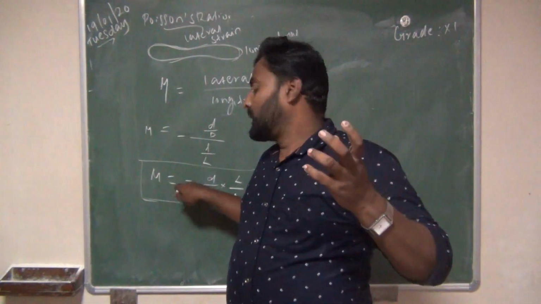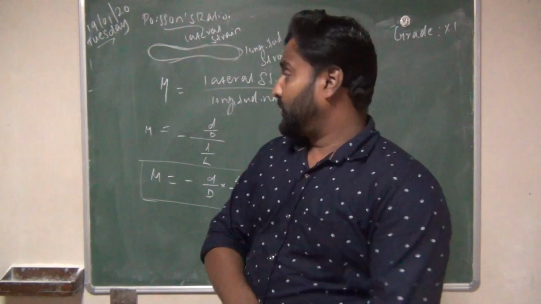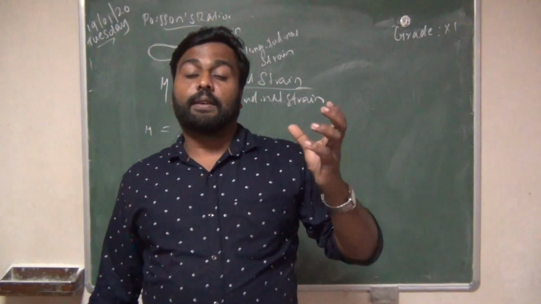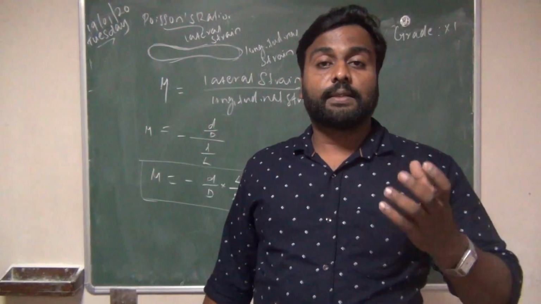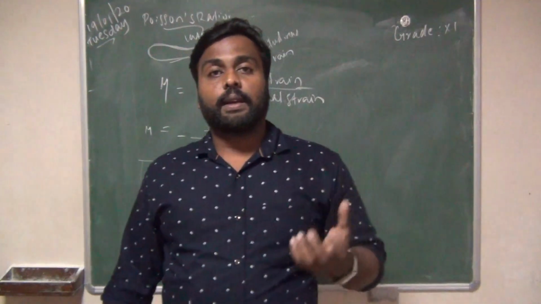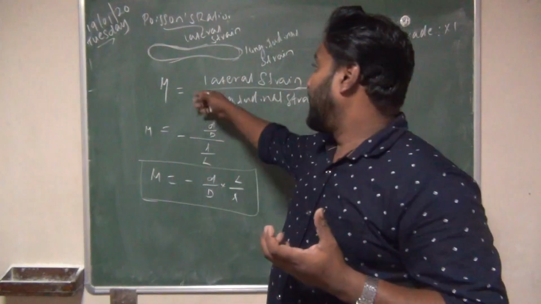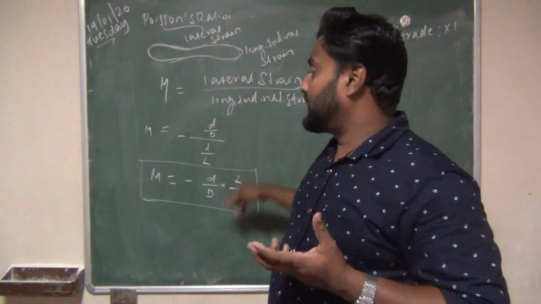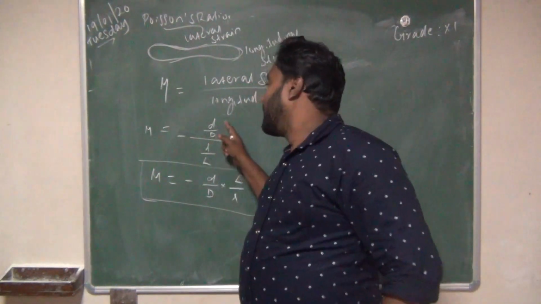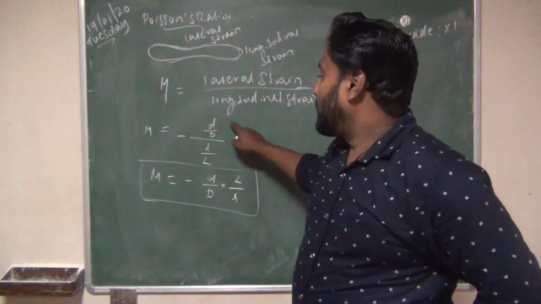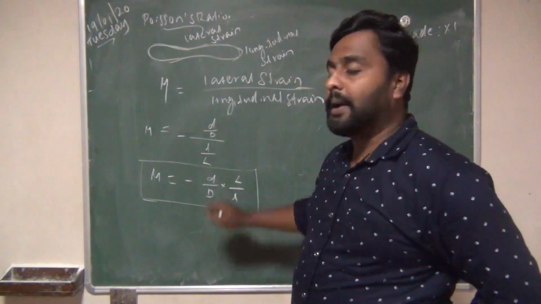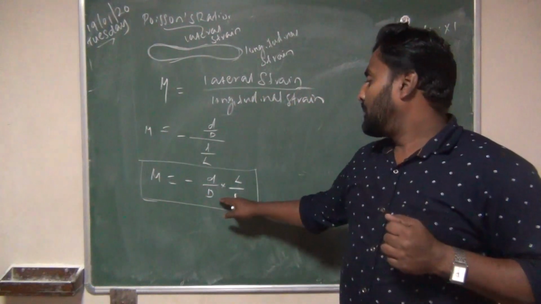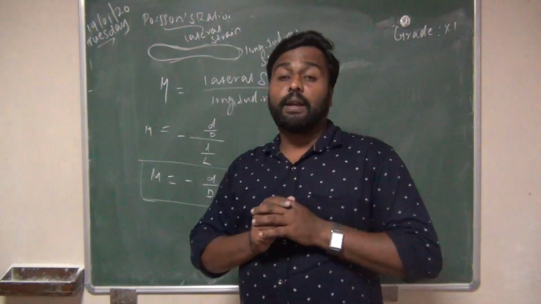So this is Poisson's ratio, and it is defined as the ratio between the relative contraction and the relative expansion. In formula, mu is equal to lateral strain by longitudinal strain, which is minus small d by capital D, whole divided by small l by capital L, so mu is equal to minus d by D into capital L by l.